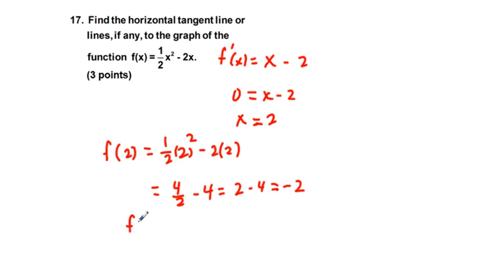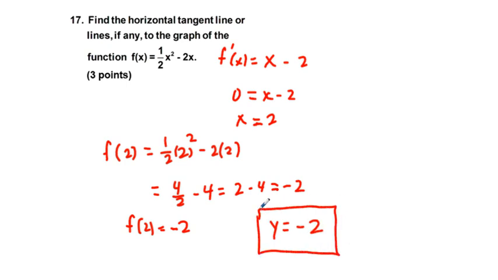So f of 2 equals negative 2. And so our horizontal tangent line is y equals negative 2. Now I give points along the way for different things, finding a derivative, setting that, plugging in, and so forth.